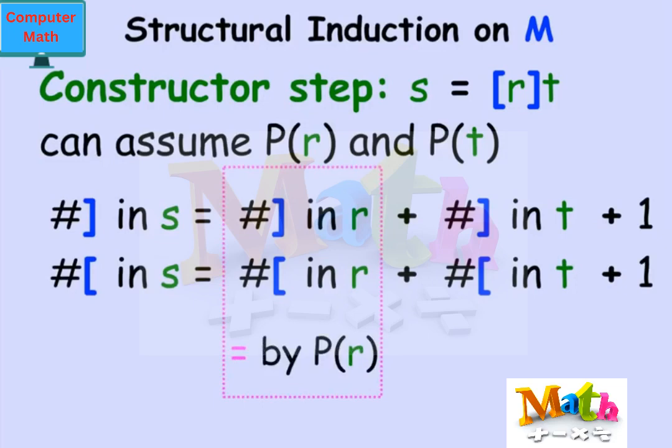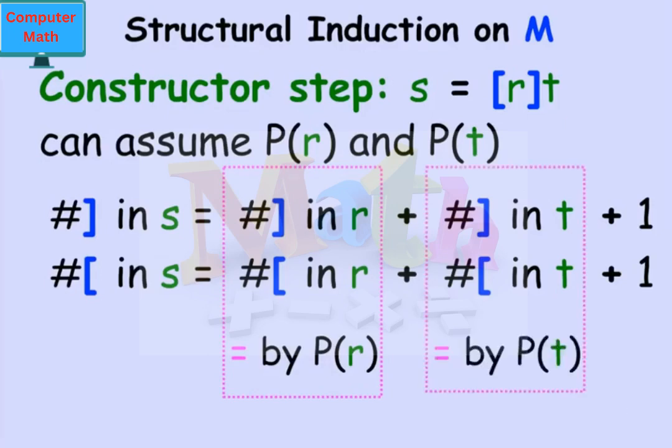Now, because of hypothesis P of R, the number of right and left brackets in R are equal. And likewise, by the induction hypothesis P of T, the number of right and left brackets in T are equal. And so the right-hand sides of both of these equations are equal. And that means that the left-hand sides are equal.